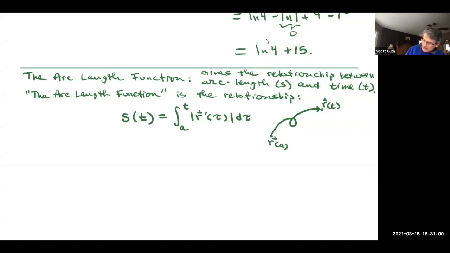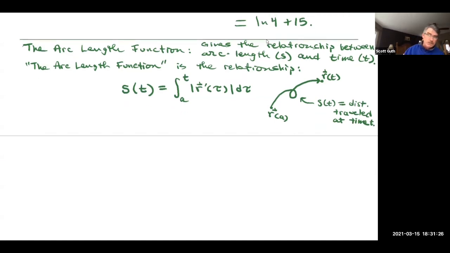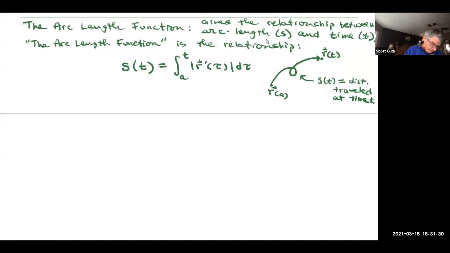And s of t would be the distance traveled at time t. So it's something that grows as time increases. You keep moving and you keep covering more distance.